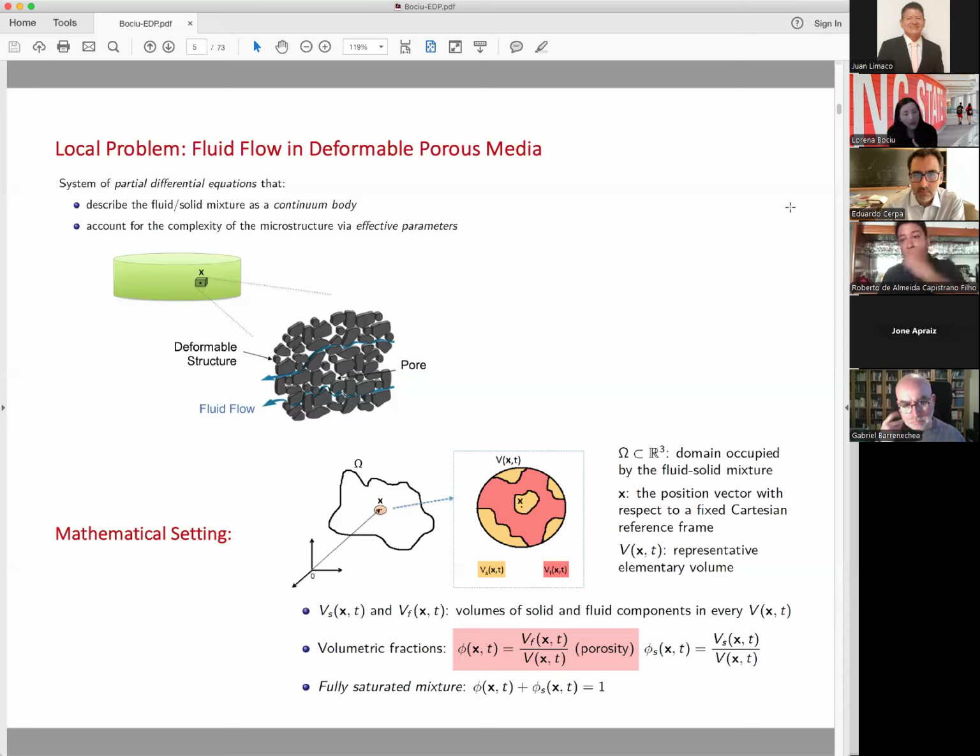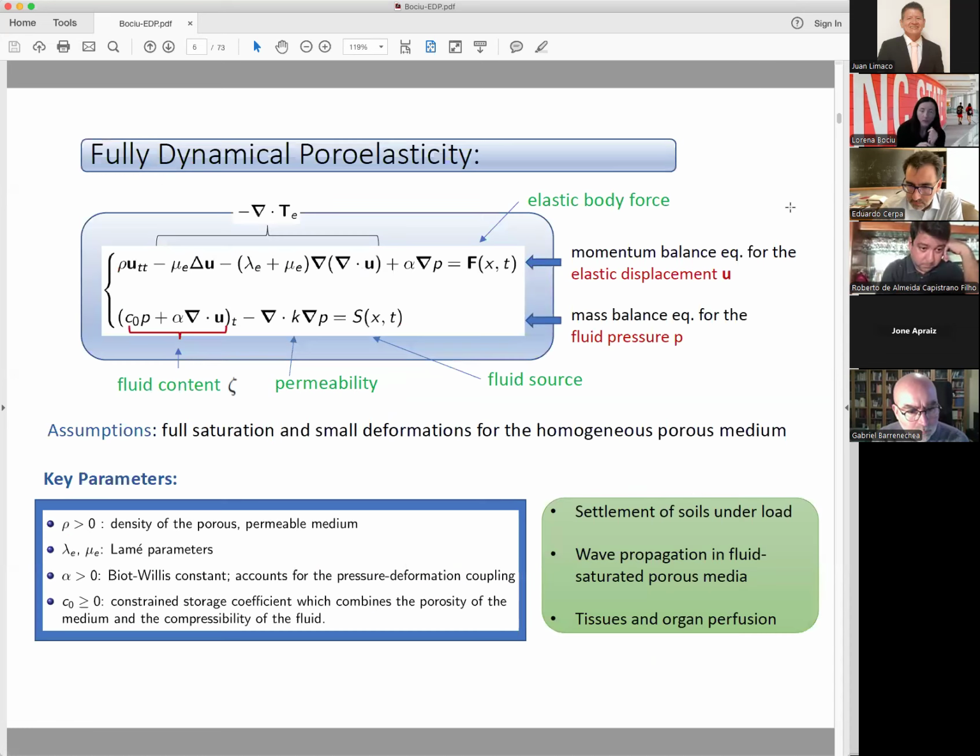We also have the counterpart for the solid, phi sub s, which is the quotient between the volume of the solid and the total volume. And we work under the assumption of a fully saturated mixture, so the sum of the two phis adds up to 1.